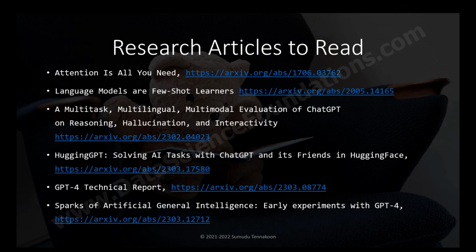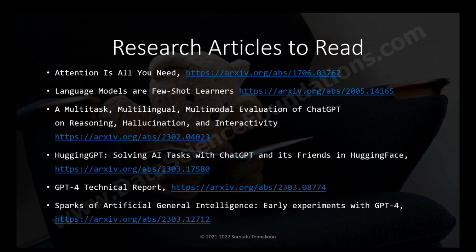Okay, so these are some of the research articles. If you are interested in knowing more about generative AI, there are lots and lots of articles out there, some blog posts and videos and tutorials. You can find them, but these are some important research articles. When I get time, I will go through some of the important ones.